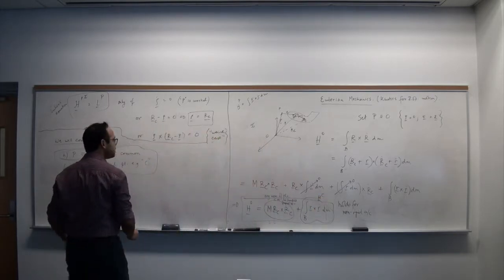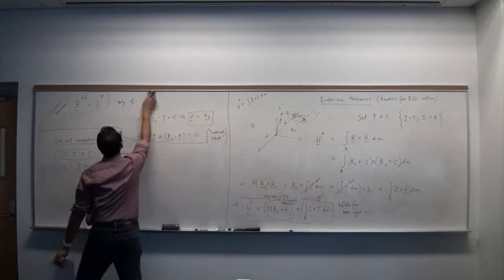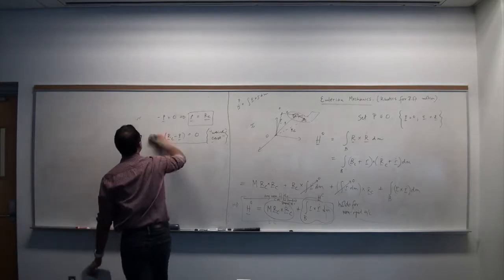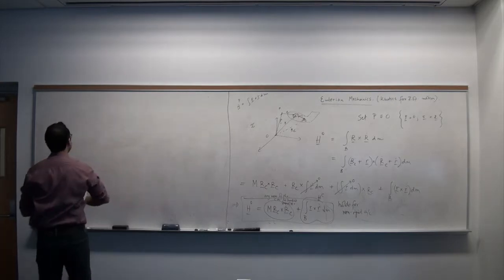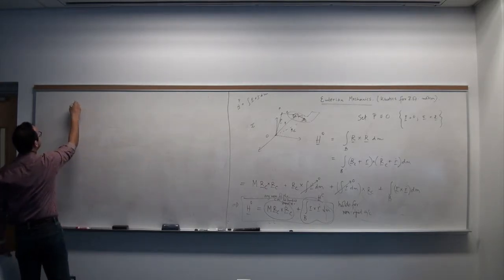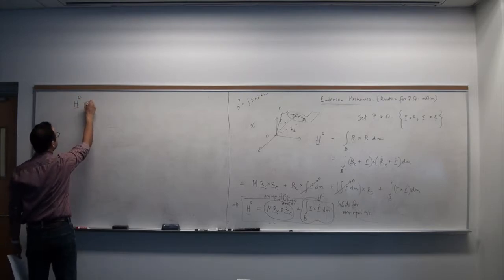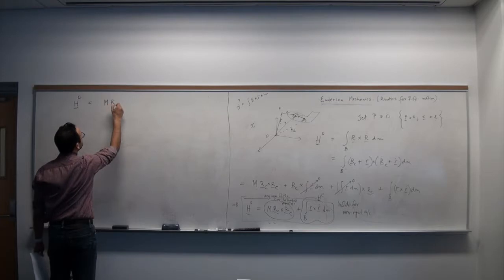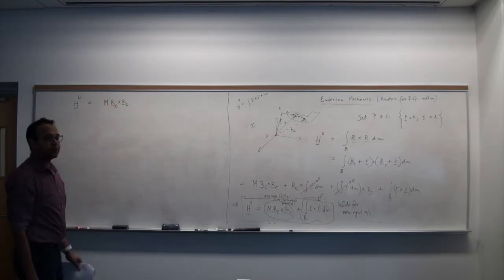Right? So we get a very interesting equation which says that the angular momentum of the aircraft measured from the origin, which is an inertial point, equals the angular momentum of the particle located at the center of mass carrying the entire mass of the aircraft, right?